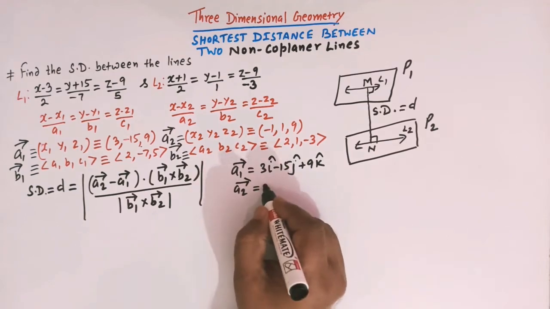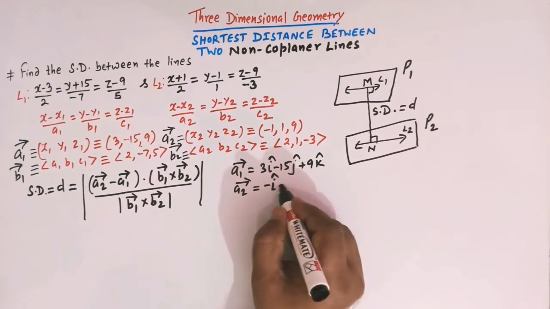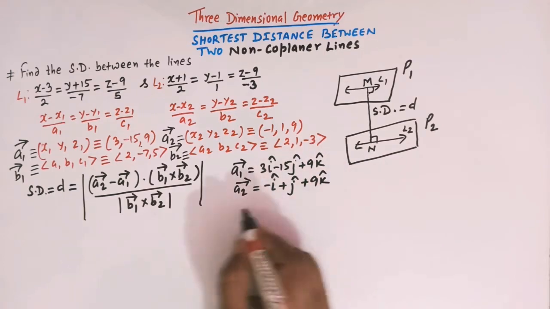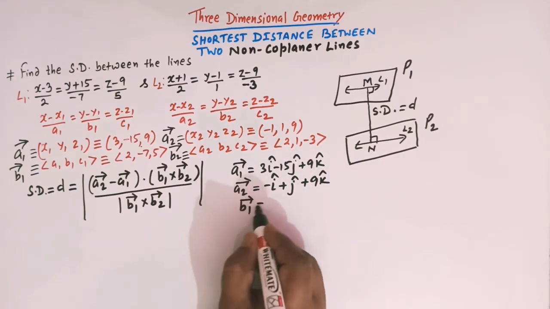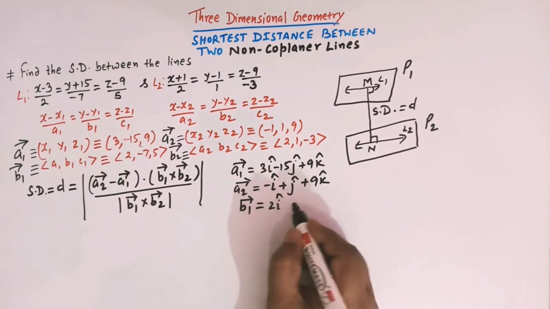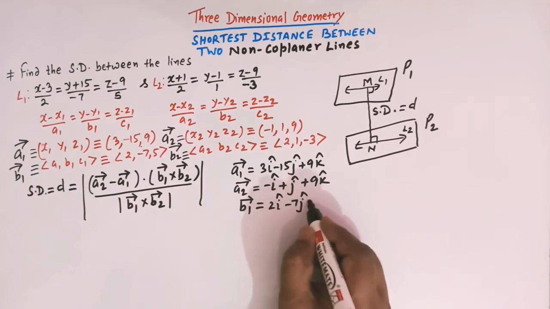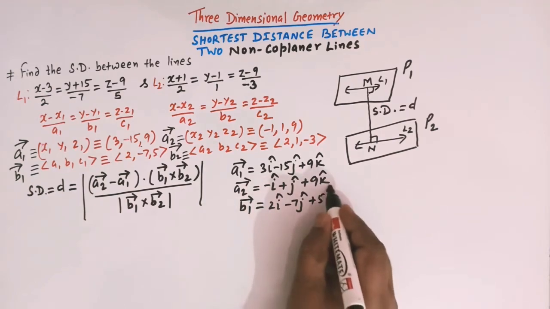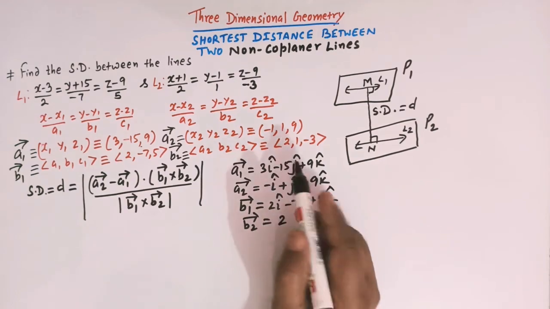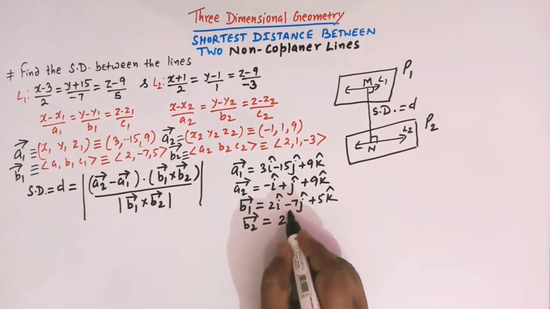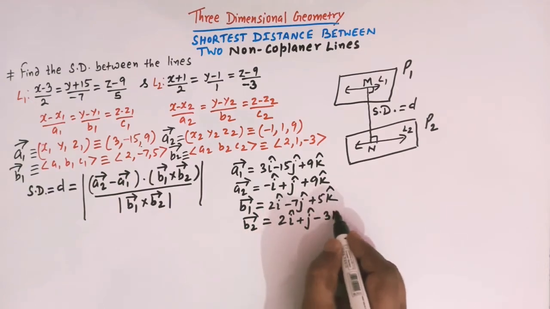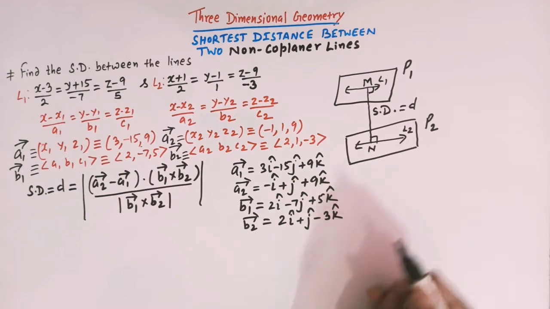and vector a2 can be written as minus i cap plus j cap plus 9k cap, and vector b1 is given by 2i cap minus 7j cap plus 5k cap, and vector b2 is given by 2i cap plus j cap minus 3k cap, right?